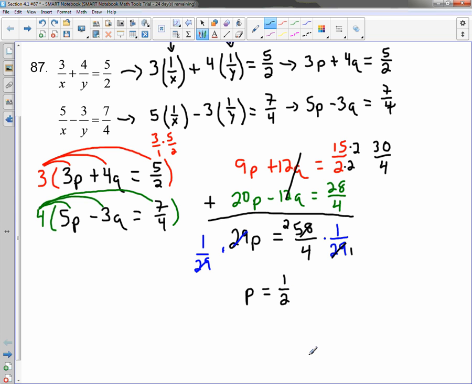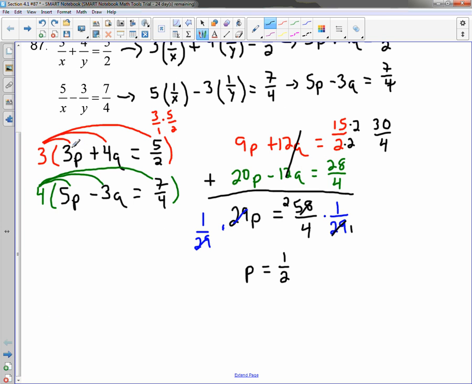Okay. So we have one of our variables, which is p. We need to find the second one by plugging it back into one of our equations. I'm just going to pick the first equation here. So I have 3p plus 4q equals 5 over 2. All right, so I'm going to take this 1/2 that I just found, and I'm going to drop it in.